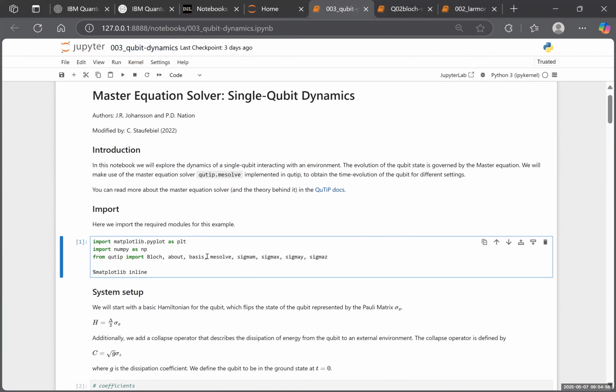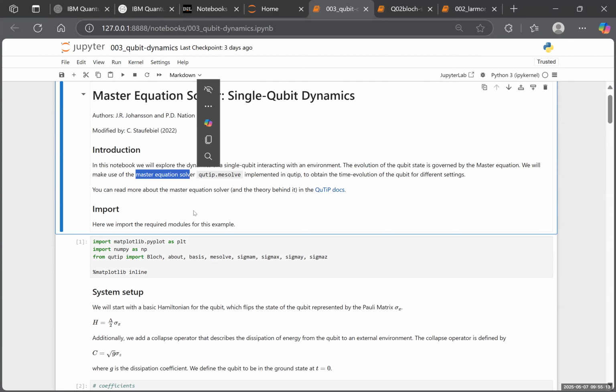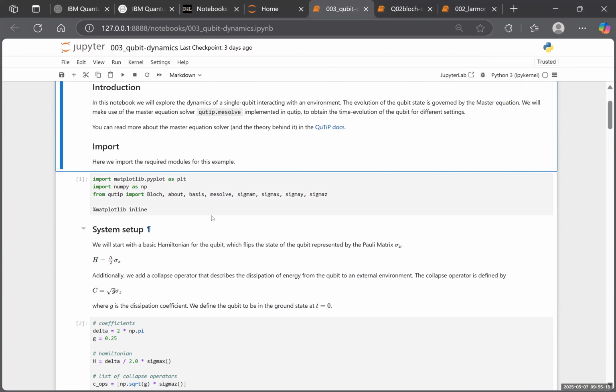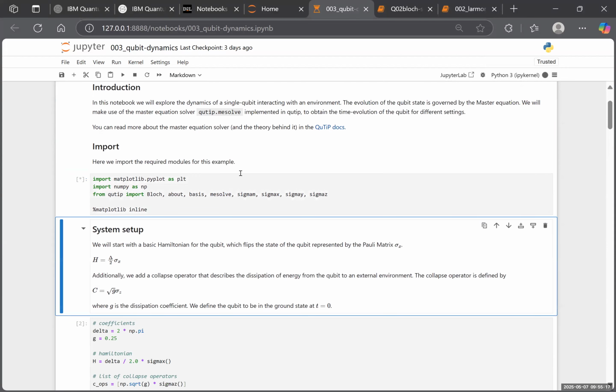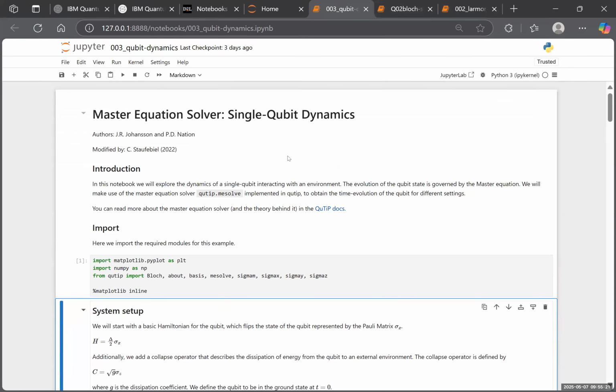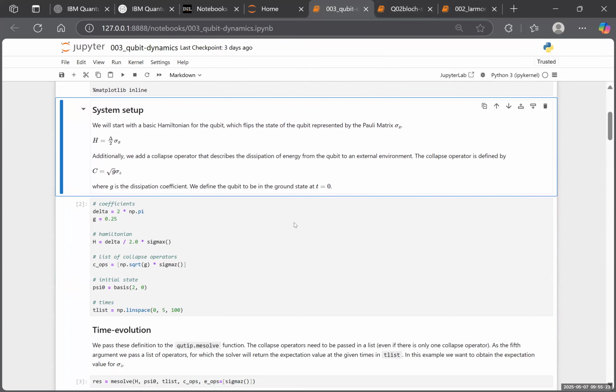Okay, so load the usual package. Like this time we have this mesolve. So we can solve things that are described by the master equation. So maybe it would be useful to point you to the documentation.